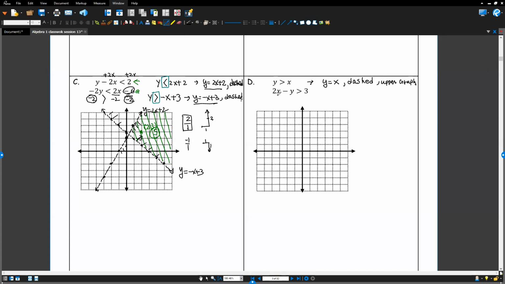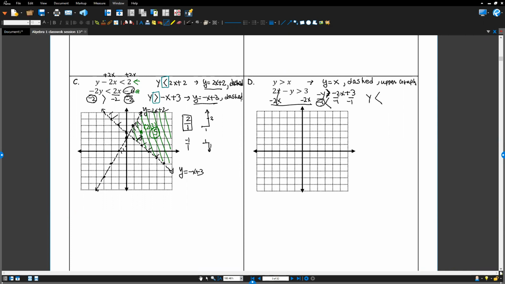For this one, we're going to change it a little bit: minus 2x, negative y equals negative 2x plus 3. After that, divide by negative 1. When you divide by negative 1, the direction will be the opposite way. So negative y divided by negative 1 is positive y, but less than, not greater than, because this number is negative.